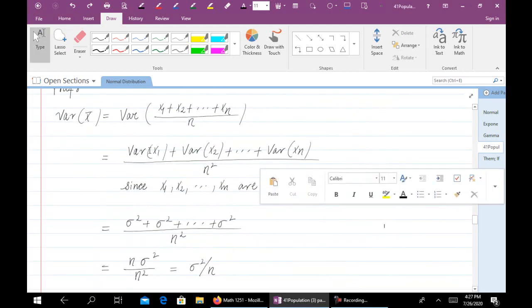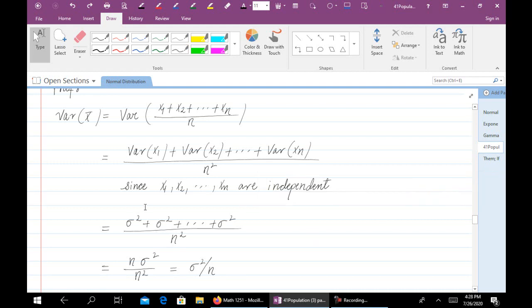Now the variance of x1 is sigma squared, the population variance, and the variances of x2 up to xn are also all sigma squared. Again, let me explain this using the example of height. x1 is the first observation, that is, you're picking a male randomly and observing his height.